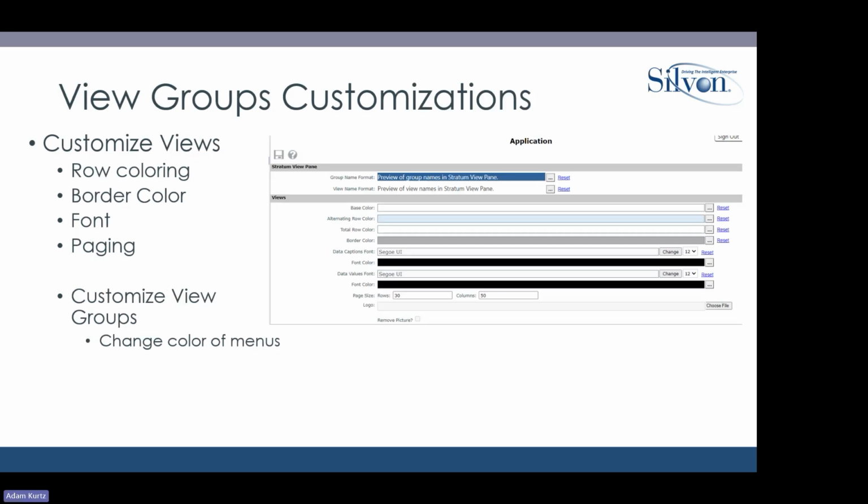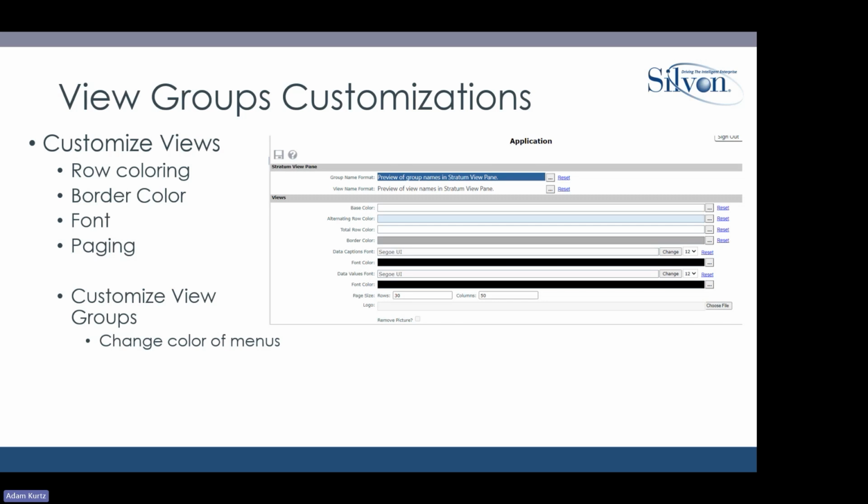Other things that you can do within the viewer interface is to customize it so that it matches whatever color scheme you want to go for. For the left frame menu, where the view groups reside, this will control what they look like and what those menus will look like. As you can see, you get a preview of what you've selected for the Stratum view pane.